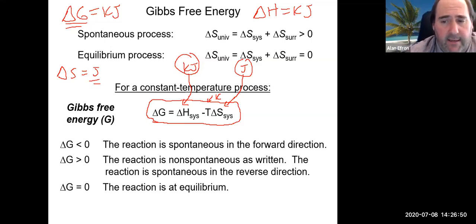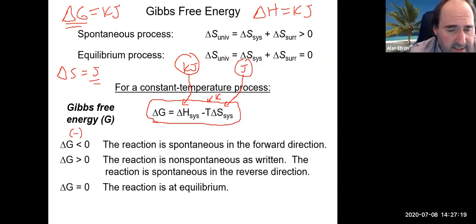So we can calculate delta G, and this is one way in which you could do that. And if you calculate delta G and it's less than 0, that means that it's negative, the reaction will be spontaneous exactly how it's written in the forward direction. So here we could just calculate delta G, and if it's positive or negative, it will allow us to determine whether or not this reaction will be spontaneous.